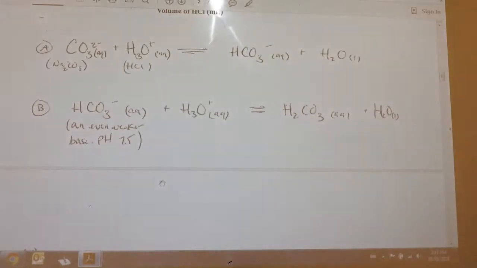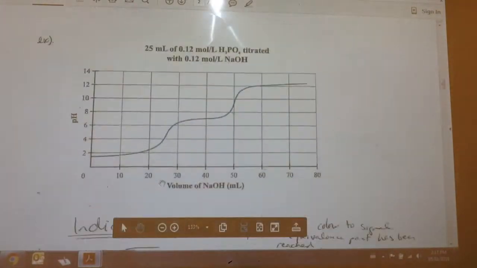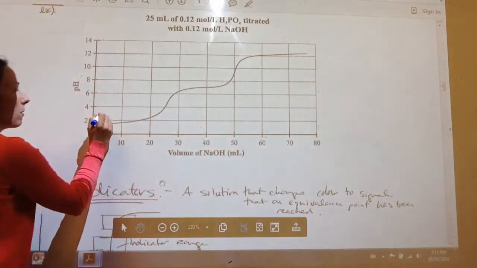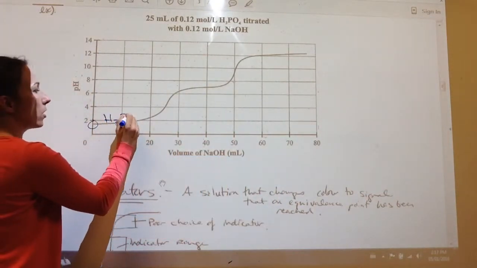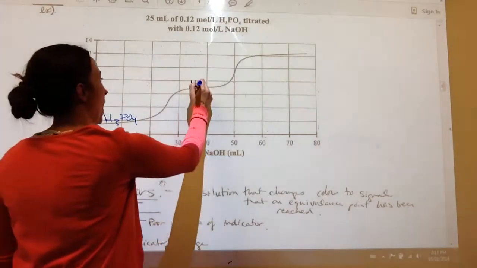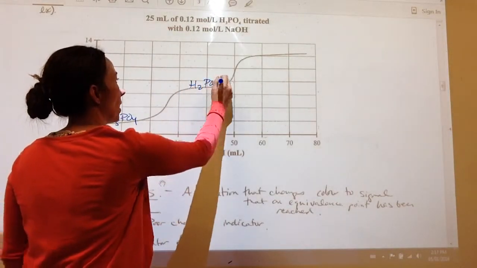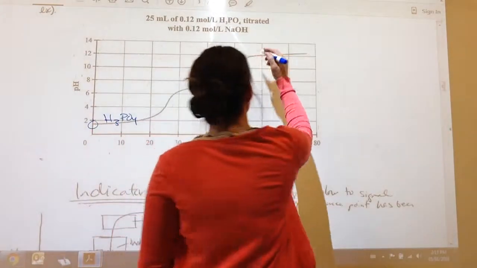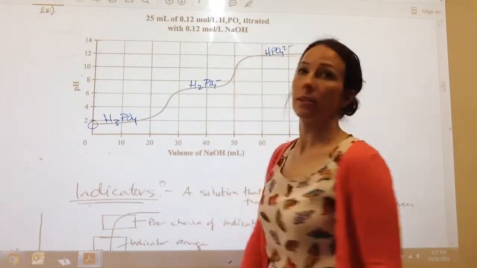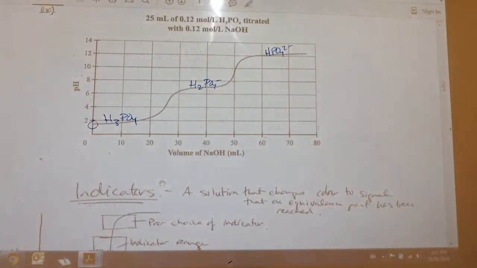Everybody okay? And so the next example would be the polyprotic, where I'm starting with H3PO4. I'm going to lose 1 proton, become H2PO4 minus. It's going to lose another proton and become HPO4 2 minus. And you're asking me, why doesn't it lose the last proton and become PO4 3 minus?